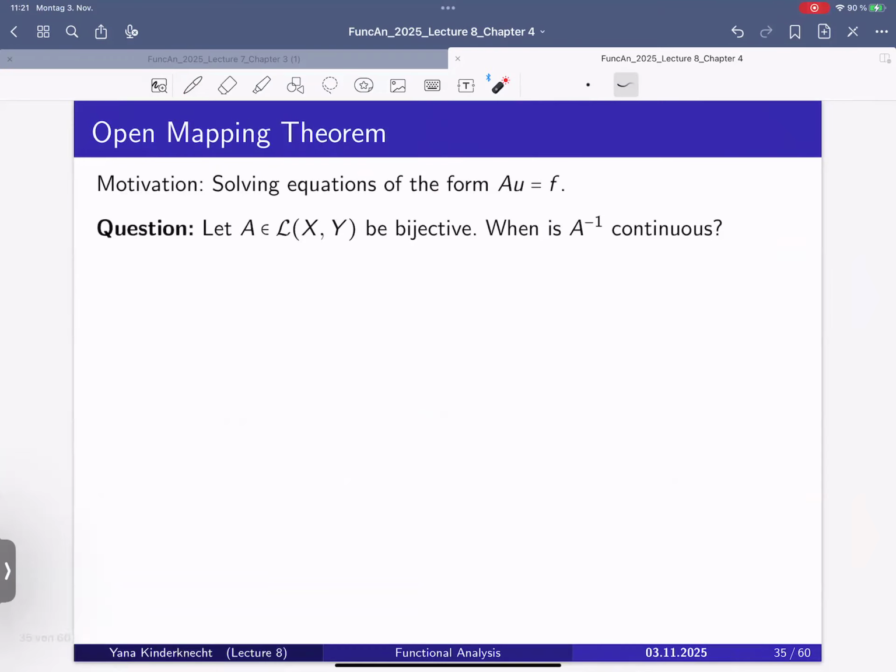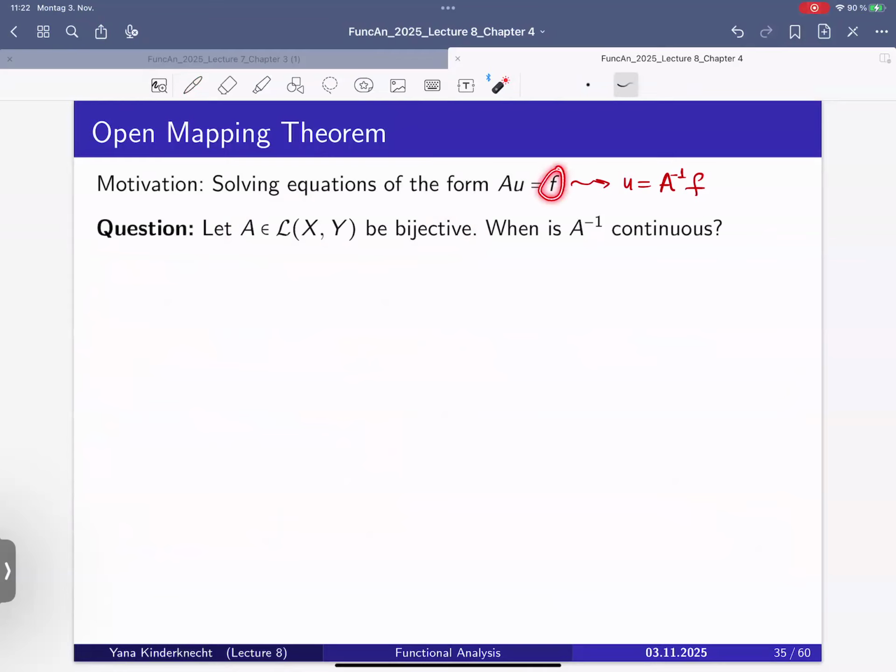We are motivated by solving equations of this form. So u is an unknown function and f is a given function. Everything happens in some functional spaces. So the question arises. Let A be a bounded linear and bijective operator. Then, of course, in this case, we can find u by applying A to the power minus 1 to the right-hand side.